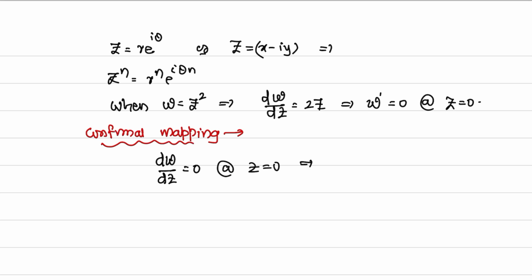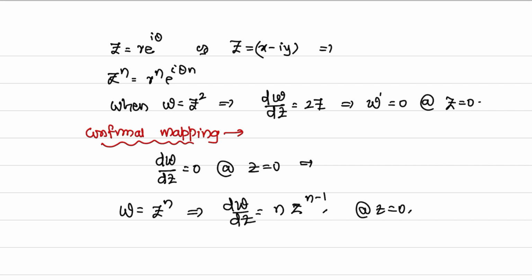Hence, for W is equal to z to the power of n, that means dW by dz is equal to n into z to the power of n minus 1. At z is equal to 0, dW by dz is equal to 0.